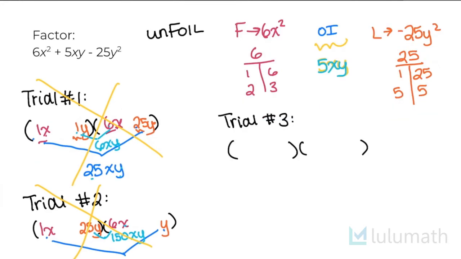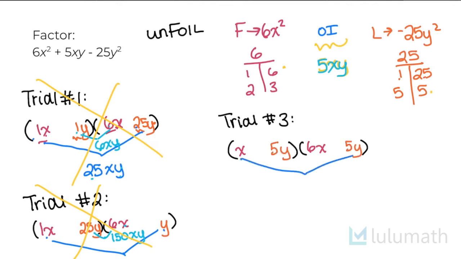Okay, so before we get to trial number 3, we know that in trials 1 and 2, this 1 and 6 combined with this 1 and 25 are not going to work. So I'm going to try 1 and 6 combined with 5 and 5 instead. So here I will still put 1x and 6x, but now instead of 1 and 25, I will use 5y and 5y.